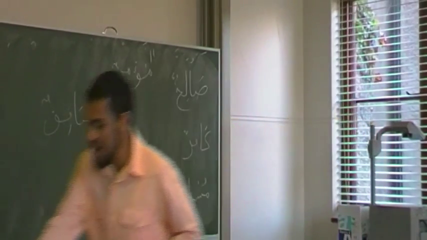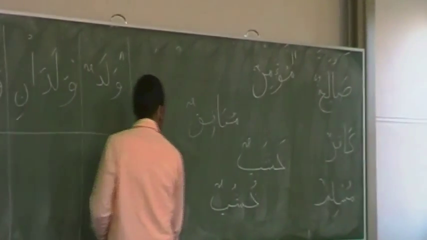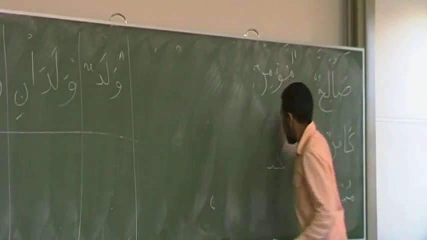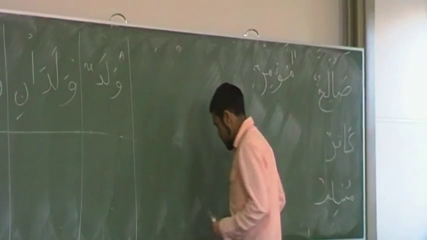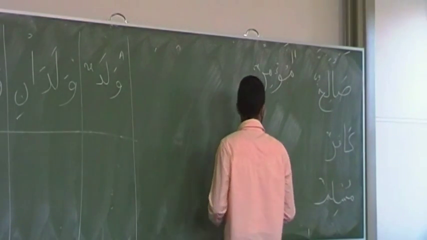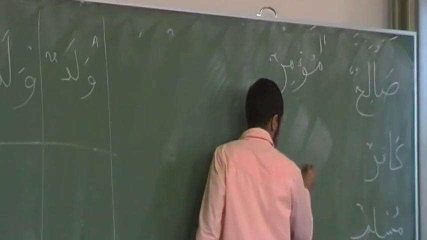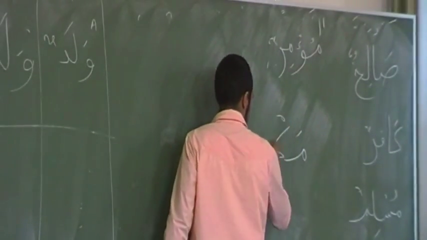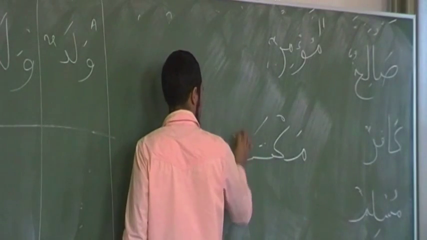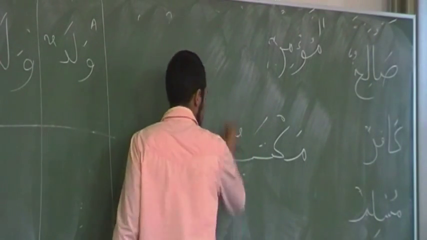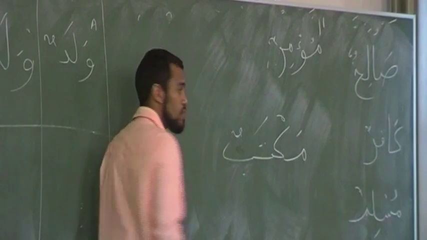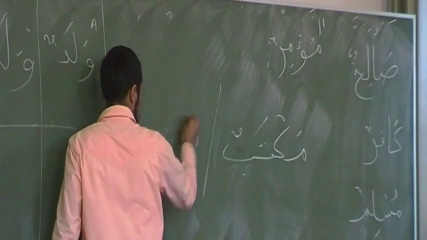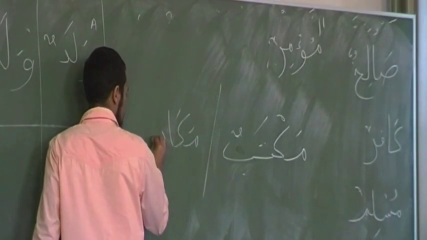Now let's use a masculine noun. I think it's better if I write. Okay, masculine, maktabun, which means desk, and its plural is makatibu.